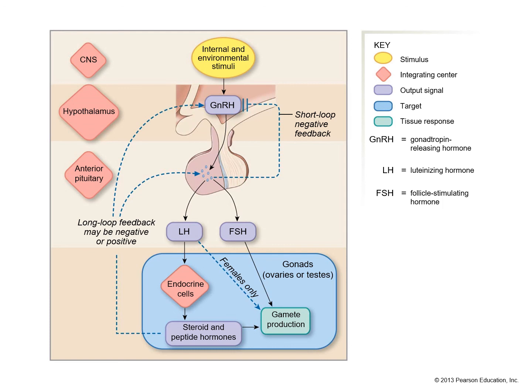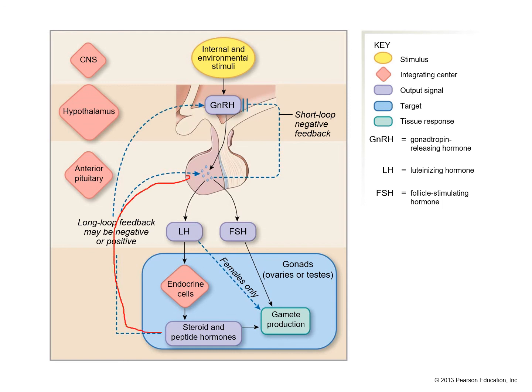LH in females only will also support the gamete production, and LH will also stimulate the endocrine cells to increase the steroid and peptide hormones. And when there's an increase in testosterone and estrogens, they will then loop back.